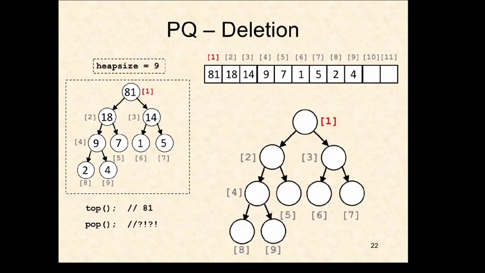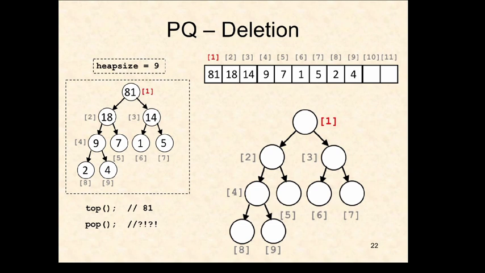Now, what about popping? So someone asks me, who's at the top? I say, ooh, well, index 1 is a value of 81. Top is easy to answer. Pop, though, we have to get rid of 81. But the beginning of a vector is not a good place to erase from. In fact, vectors don't even have a pop front.